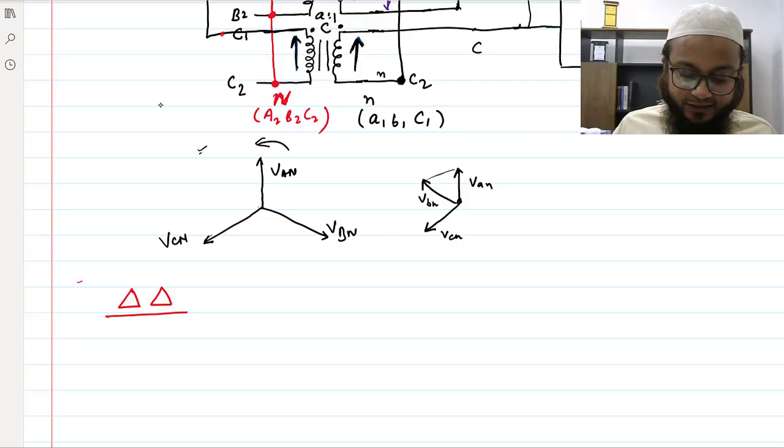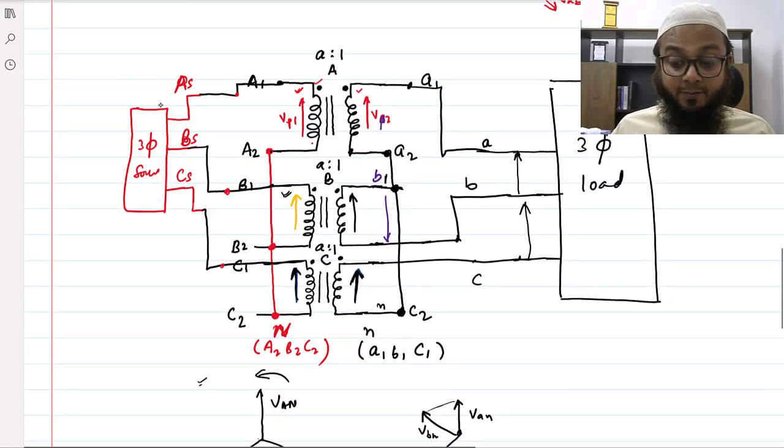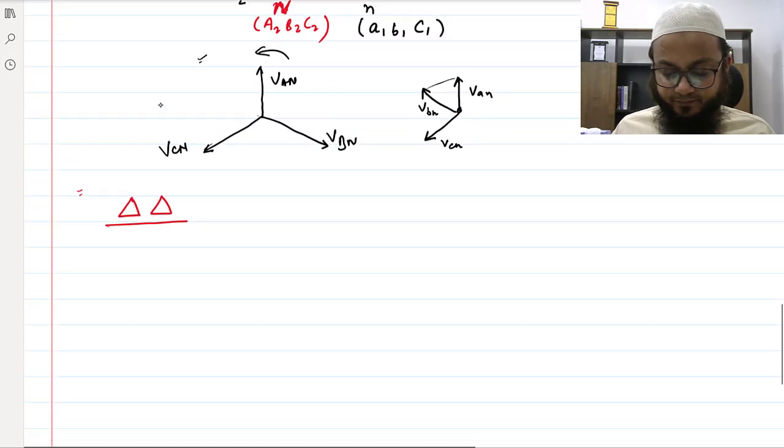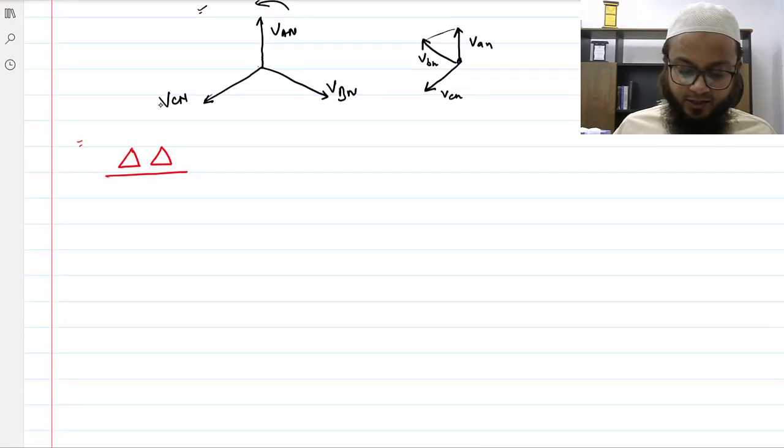And we'll see for the delta connected circuit as well. But this star connected circuit has some other severe problem, which we will take up when we discuss harmonics and these things for the three-phase transformer. Okay. Now we'll talk about the delta connected circuit.